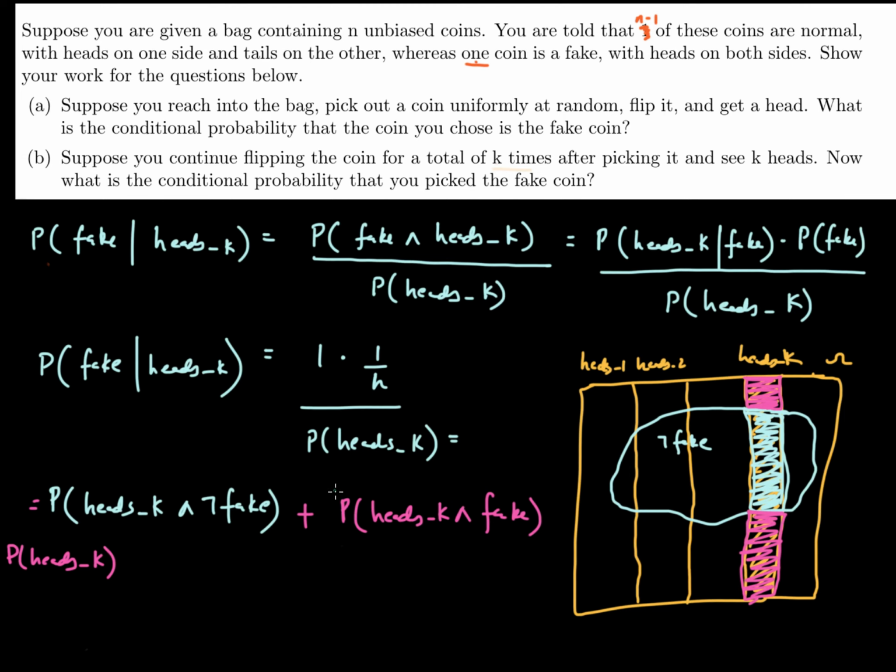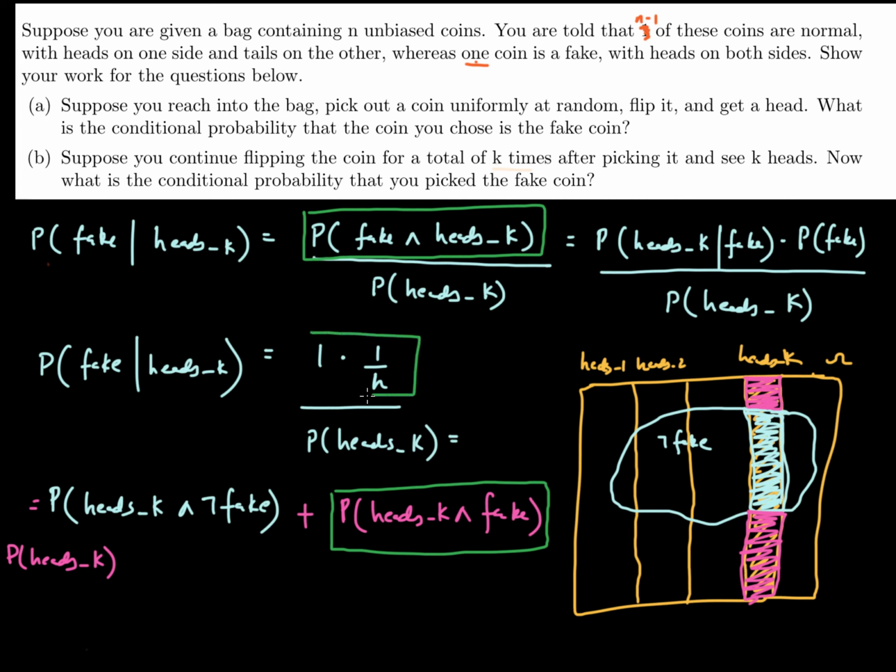Okay, so what is this piece equal to? Well, this piece in green is exactly the same piece as this. So you already have that value. You already have this is equal to 1 over n. Then what is this piece going to be equal to? P of heads of k occurring and the coin actually being fake.